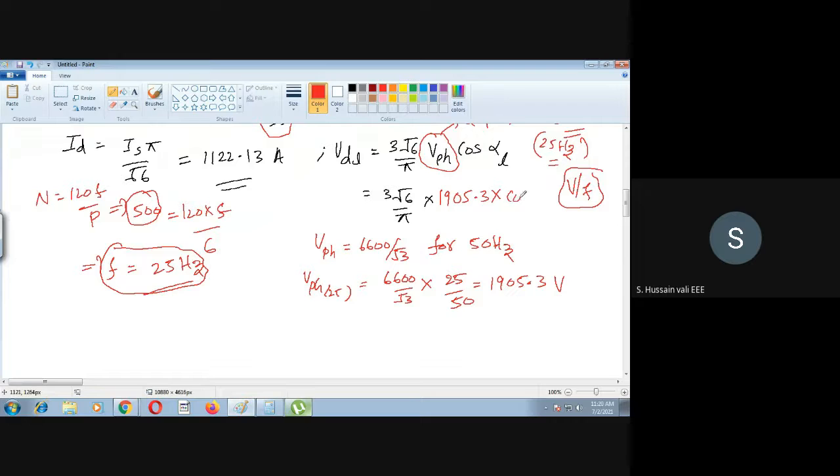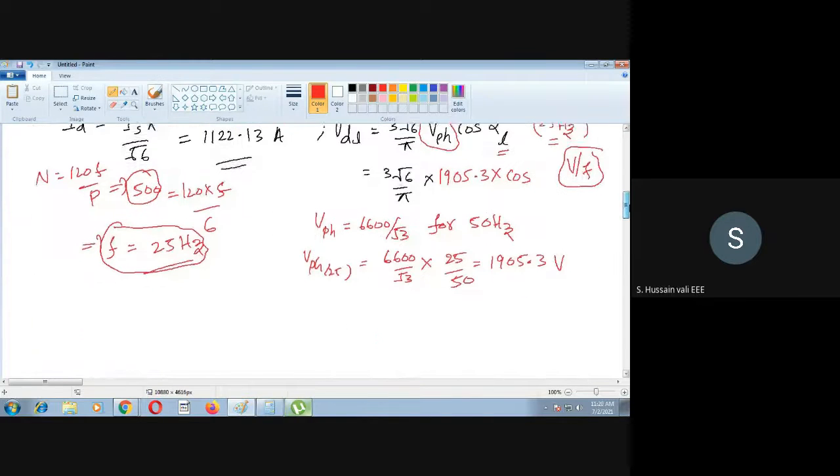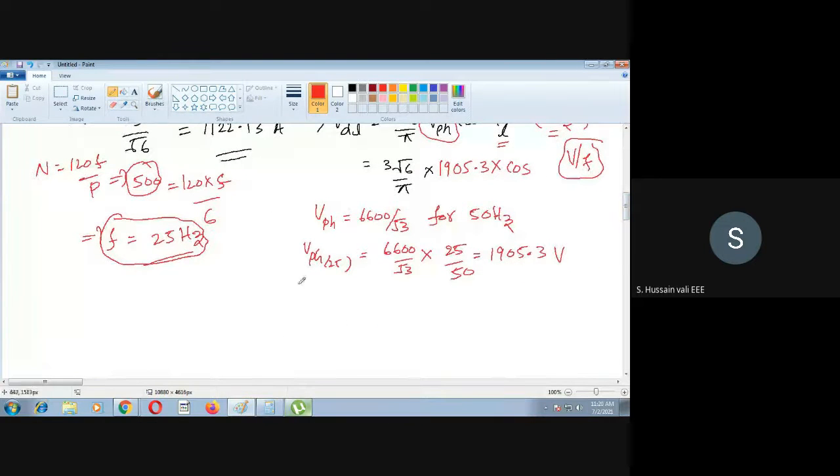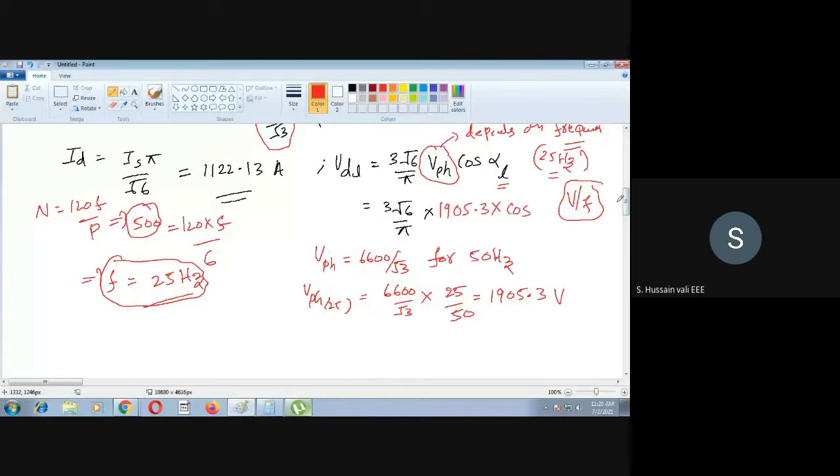Now what is alpha on the load side? He has given it in the problem. Let me go back to the problem. Yeah, he has given: load side converter operates at a constant firing angle of 140. So this firing angle is constant. So you put here 140, cos 140.